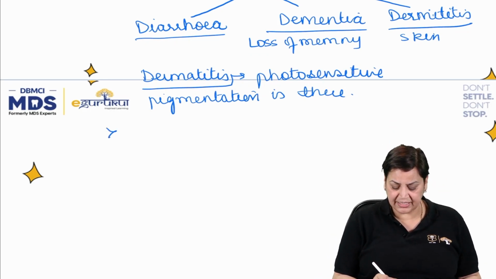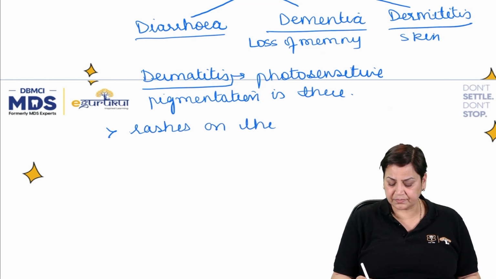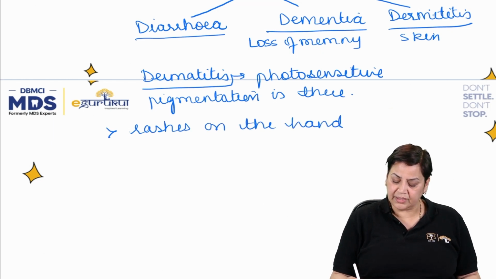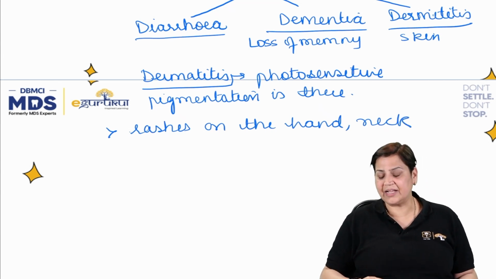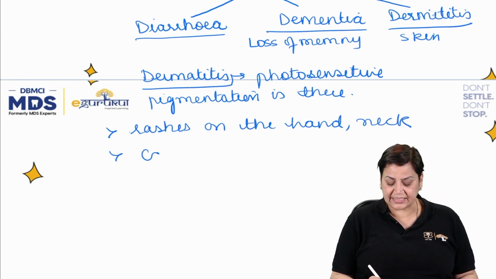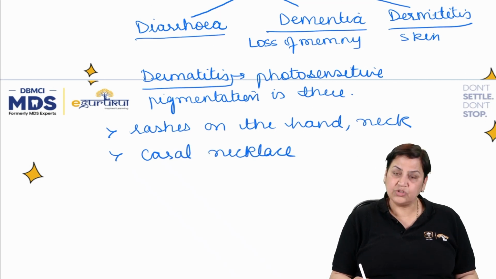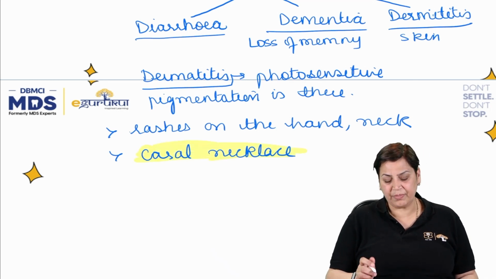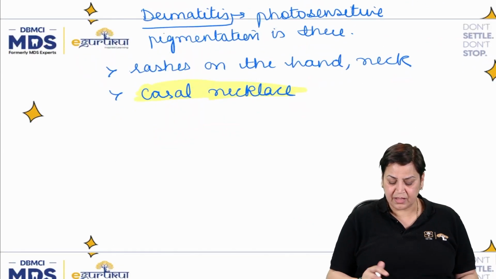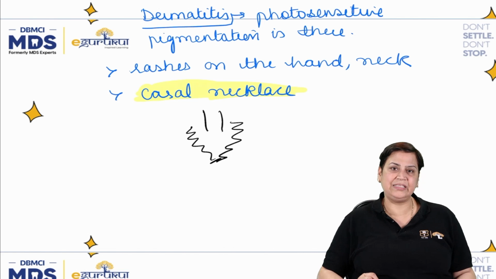So it leads to rashes on the hands and on the neck. When the rashes are on the neck, we call it Casal's necklace. Casal's necklace is a characteristic feature of a person suffering from pellagra, and it looks like this. Pigmentation is like this.